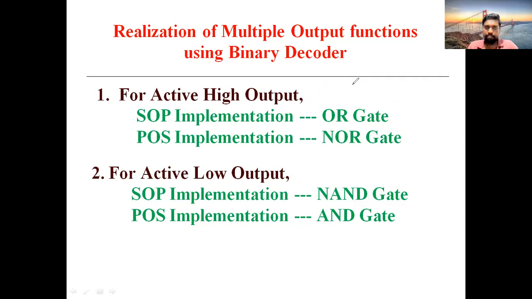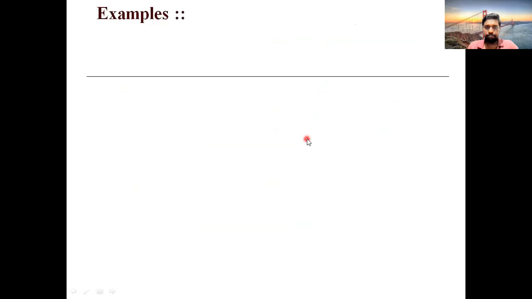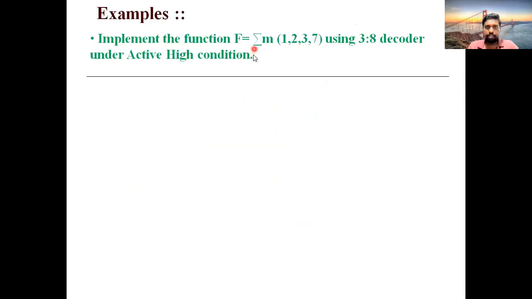Let us see with an example now. This is the first example. What is given here? Implement the function summation m. What is summation m? SOP. Summation m is SOP. By using a 3-stage decoder, under which condition? Active high condition.